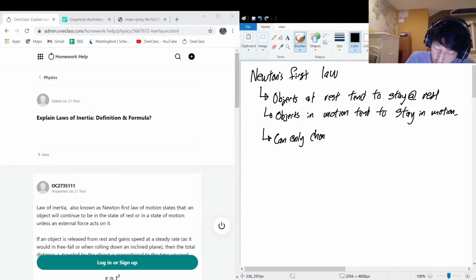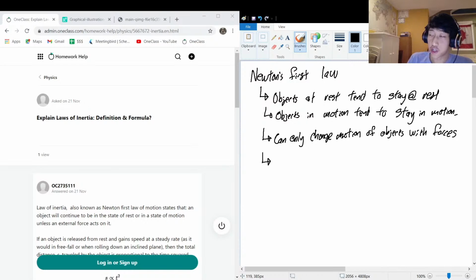You can only change the motion of objects with forces. And inertia is how much something is affected by forces.